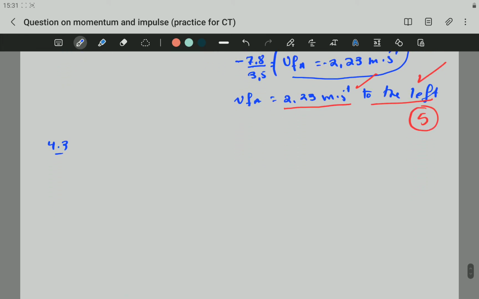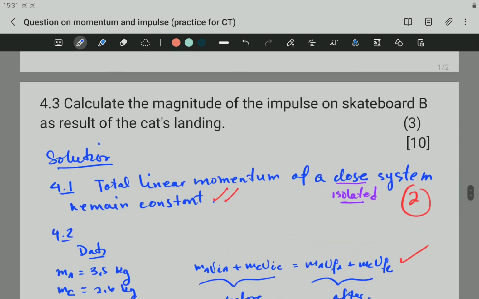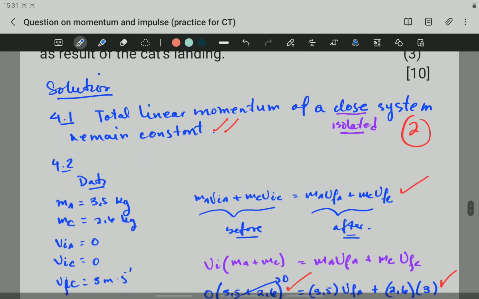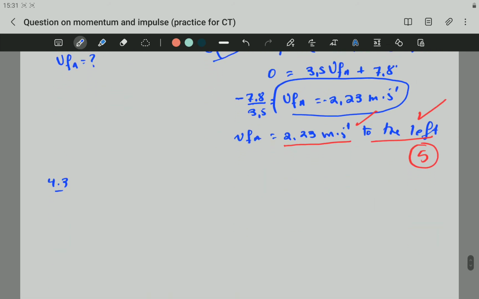Okay, we're looking for impulse. Now, what do we know? The impulse is equal to the change in momentum. All right, now what we need to understand here, they say calculate the magnitude of the impulse on the skateboard B as a result of the cat's landing. So we need to know the velocity of the skateboard B. Okay, so the data for skateboard B is the following.